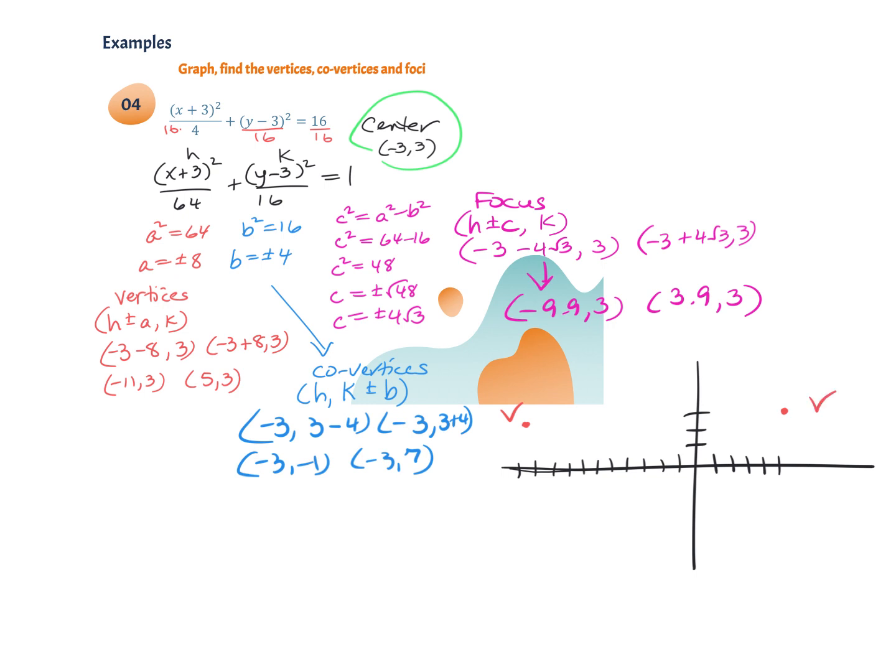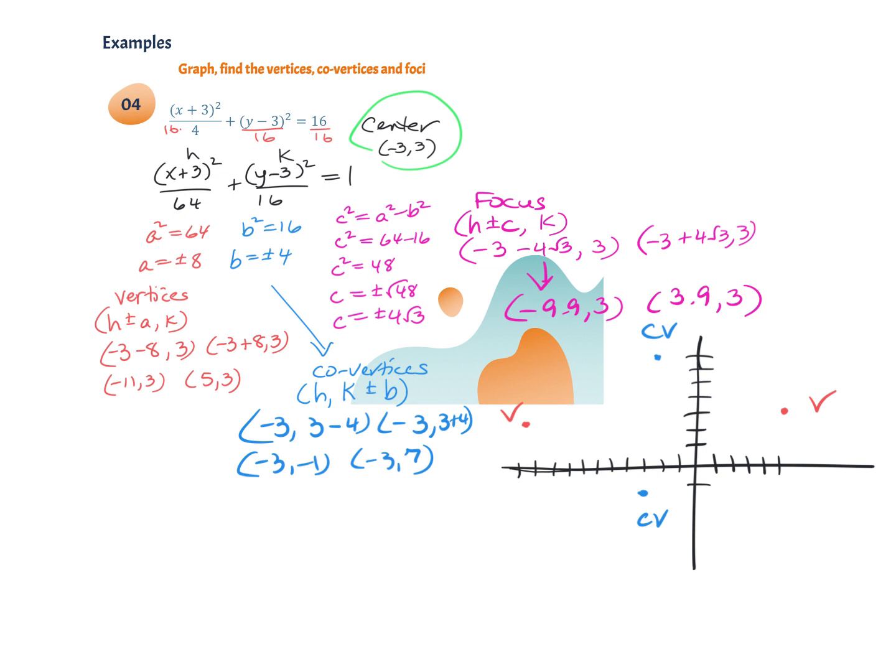Co-vertices are going to be at negative 3, negative 1, and negative 3, 7. So co-vertices. And then we approximated the focus points, so almost to 10, negative 10.